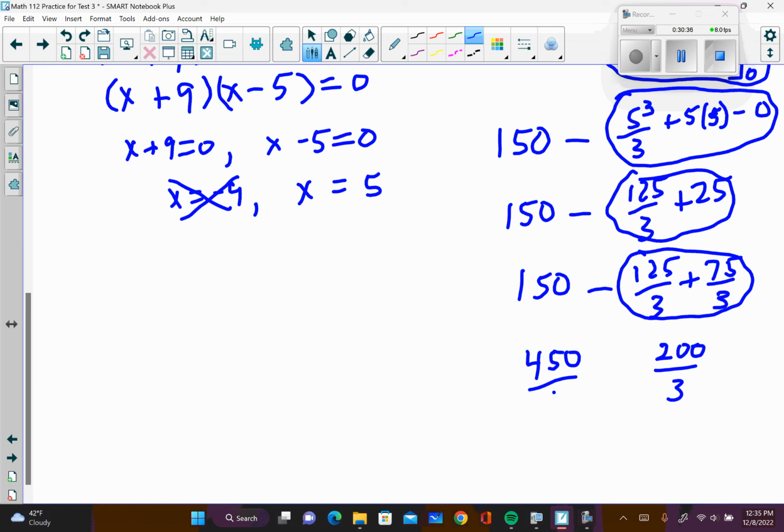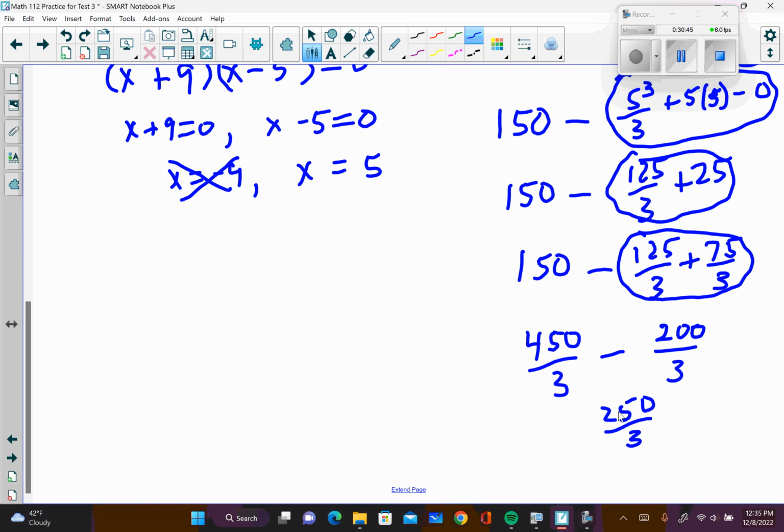So it's 450 over 3 minus 200 over 3, which is 250 over 3, which means 250 divided by 3, which is $83.33.